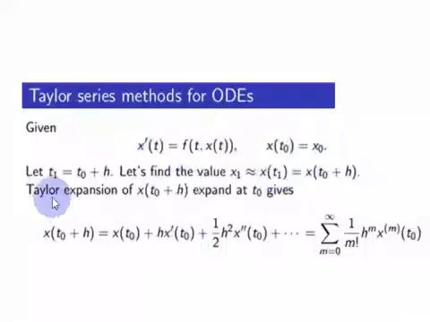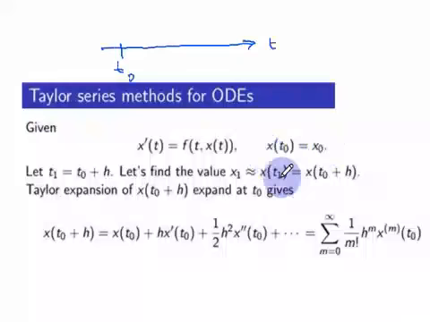So the first step, you have to define the grid. Our independent variable is t, so this is your t axis. We start off with this point t naught, and let's discretize this.